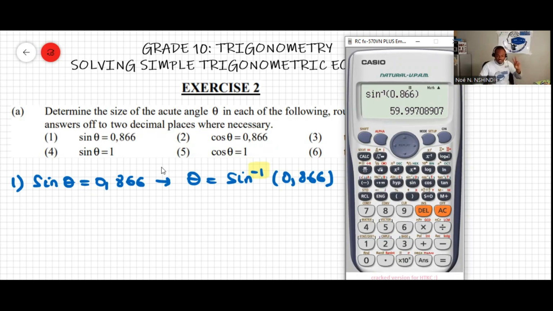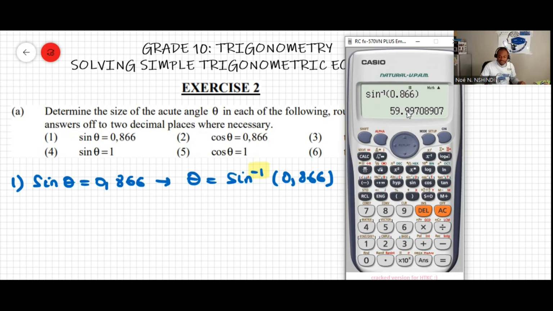The question says we need to round off to 2 decimal places. So we look at the third decimal value, which is 7. Since 7 is more than 5, I must increase the previous digit by 1. But that digit is 9, which is a special case. When it's 9, we make it 0 and increase the previous digit by 1.